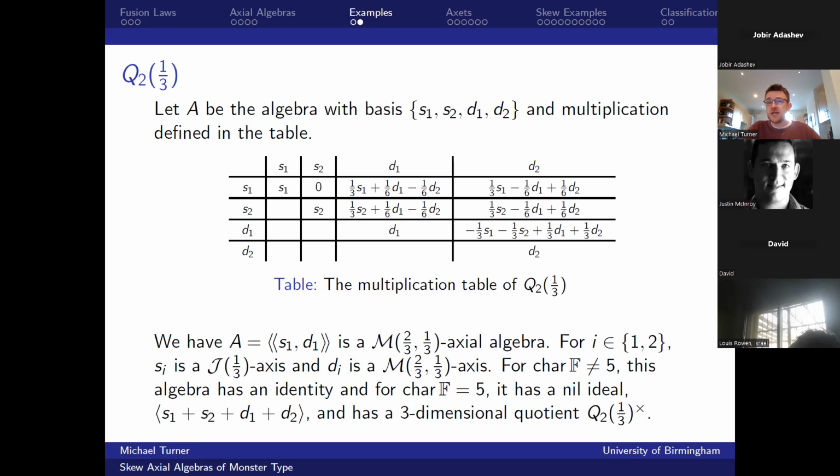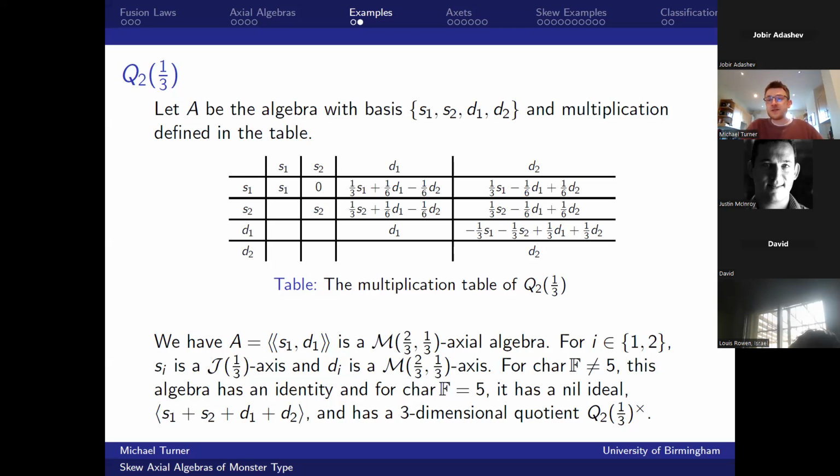This is a two-generated axial algebra of monster type (2/3, 1/3), and we can generate it by S1 and D1. For the Si elements, these are actually going to be Jordan type 1/3 axes in the algebra, while the Di elements are actually going to be monster type (2/3, 1/3) axes.